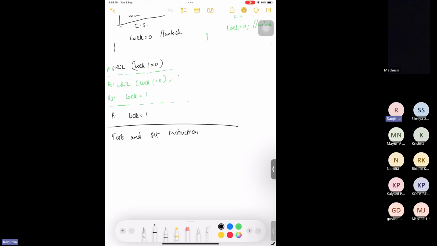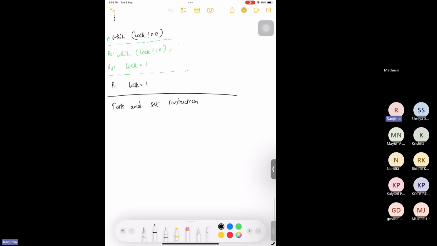What we mean by that is once the processor starts this instruction, it will be completed. No other instruction will be executed, no context switch happens, and that particular memory location which the instruction is modifying, no one will be touching that. So let's see how this test and set instruction works.